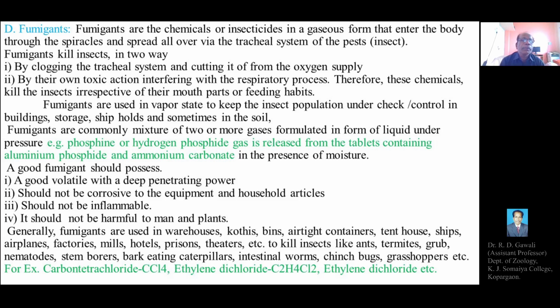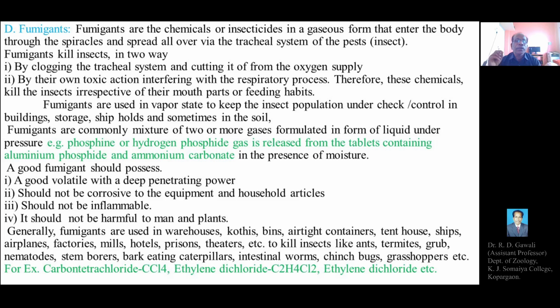A good fumigant should be highly volatile with a deep penetrating power, should not be corrosive to equipment and household articles, should not be inflammable, and should not be harmful to man and plants.